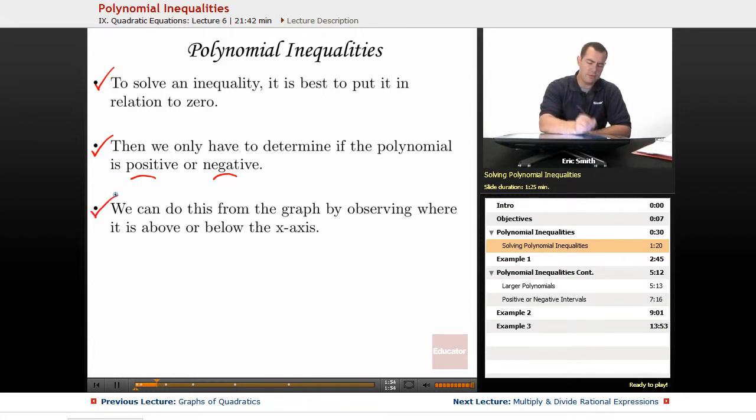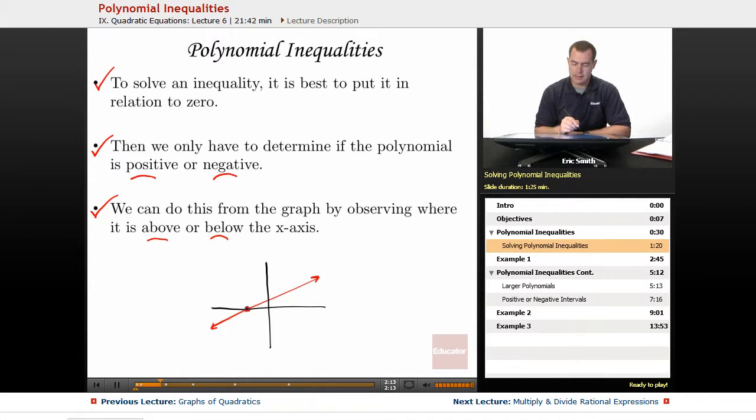Now, if you have a graph of the polynomial, this makes it especially easy because then you're essentially looking at whether it is above or below the x-axis. Let's take a linear equality like this. So we might know where it crosses the x-axis. Everywhere where it's above the x-axis, we know it's positive.